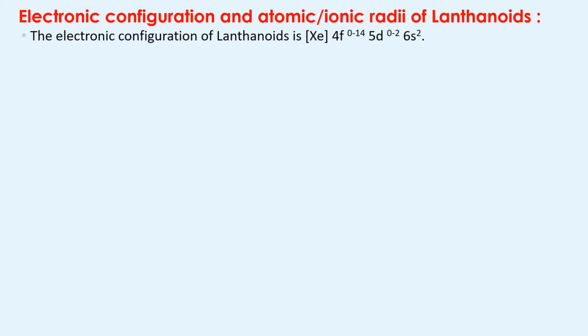Now see the electronic configuration and atomic and ionic radii of lanthanides. What is the general electronic configuration? The xenon is an inert gas, then you write 4f 0 to 14, 5d 0 to 2, and 6s has 2 electrons.